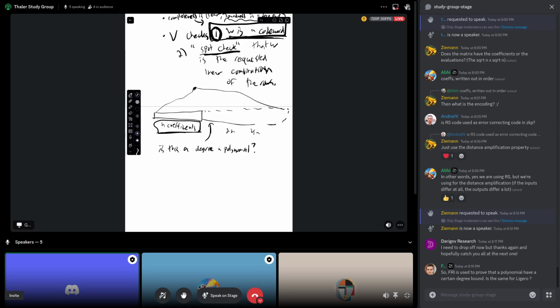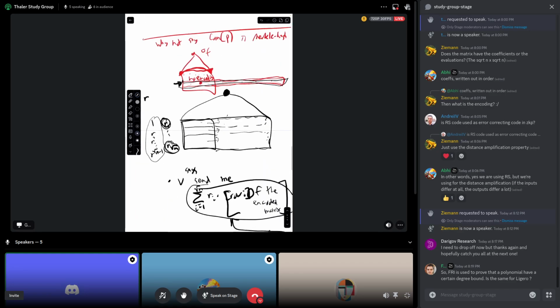but the question then isn't the same. I'm describing something very similar right now with a testing phase, but the testing phase is not literally testing whether the committed thing inside the Merkle hash is a degree n polynomial.